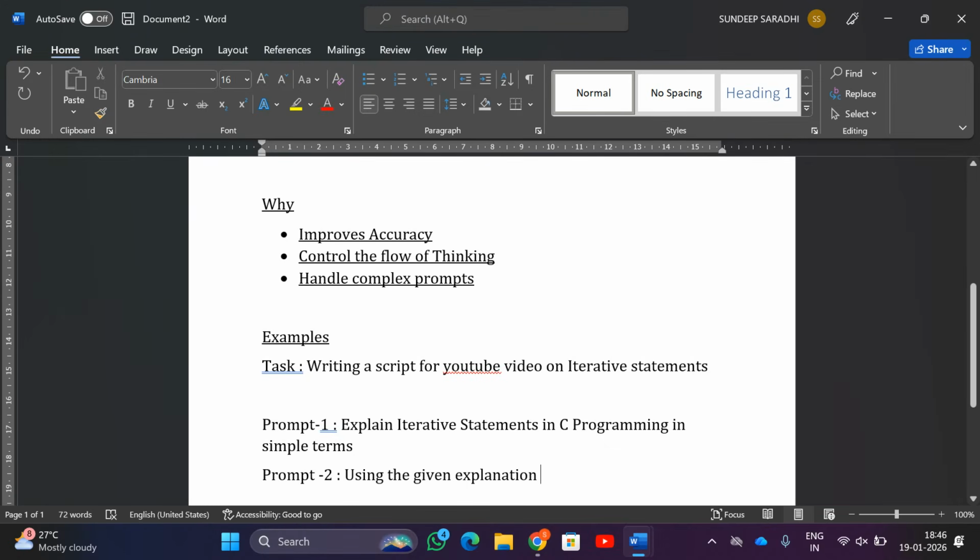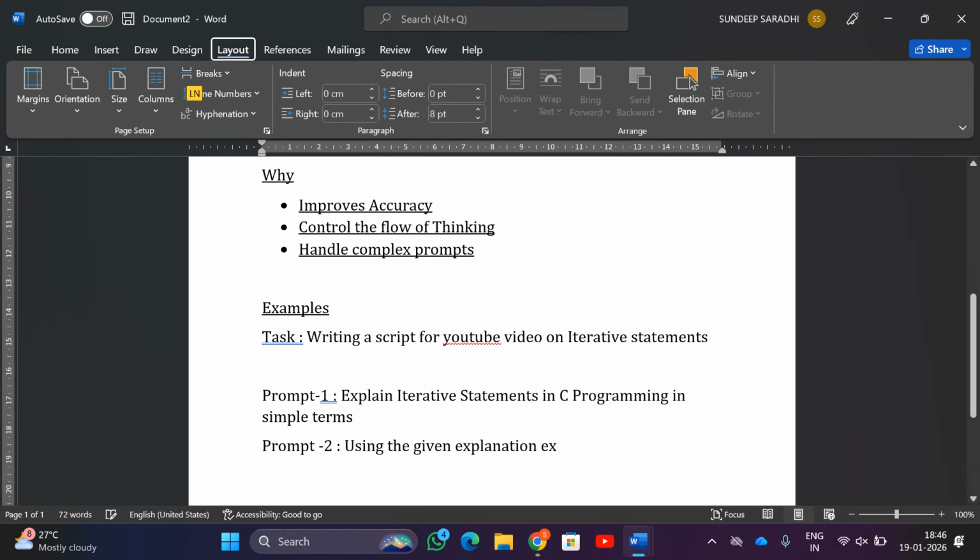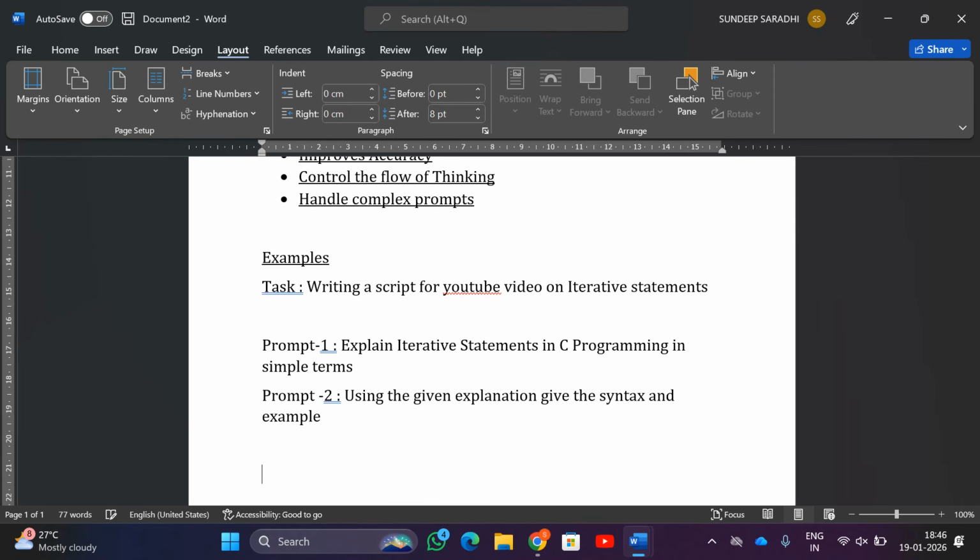Now the third prompt. The second prompt was: give the syntax and example. Prompt 3 will take as input the output from the previous prompt.